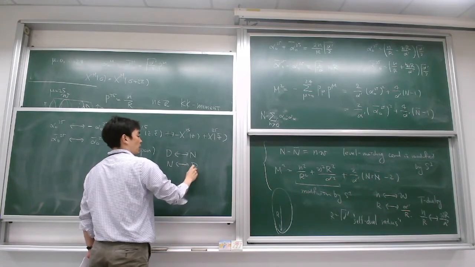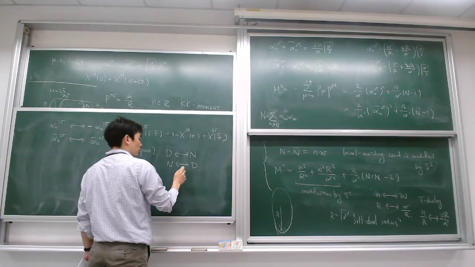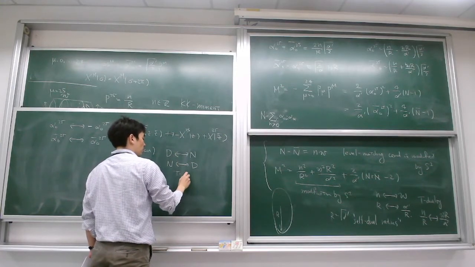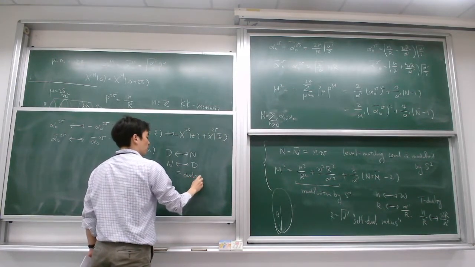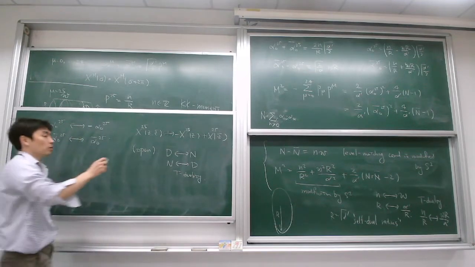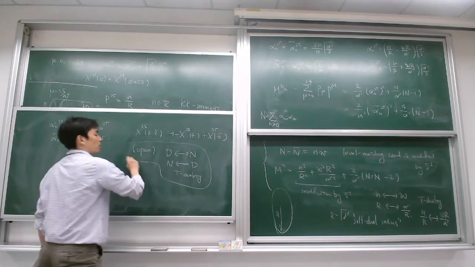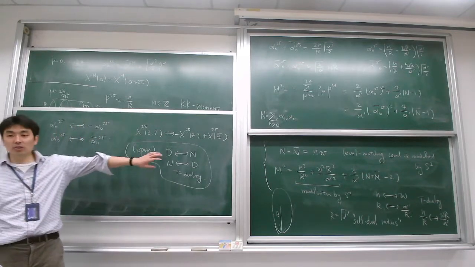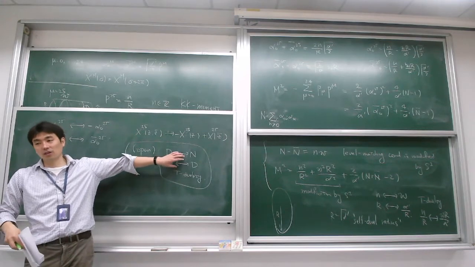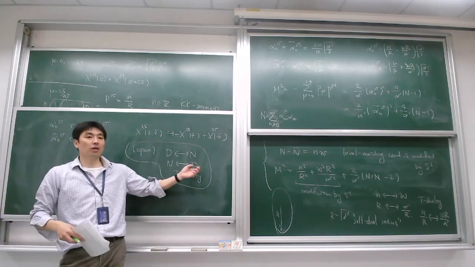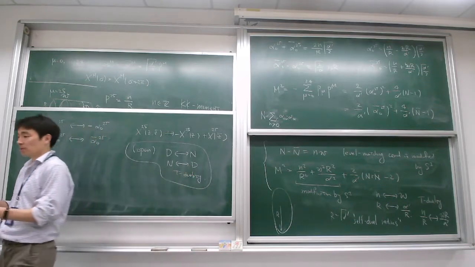The boundary condition is modified by this T-duality transformation. That's what we are going to see for the open string. So if you look at it with Neumann, as I mentioned, there's no D-brane. But once you do the T-duality, somehow magically a D-brane will show up.